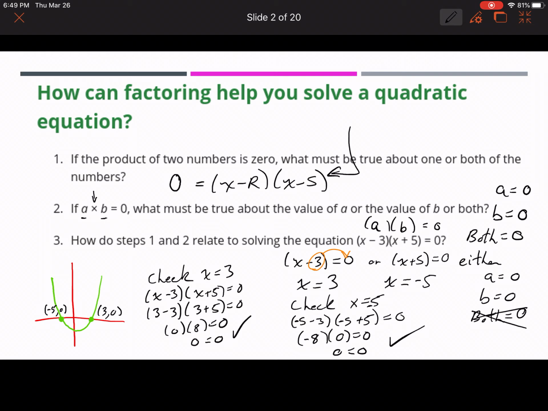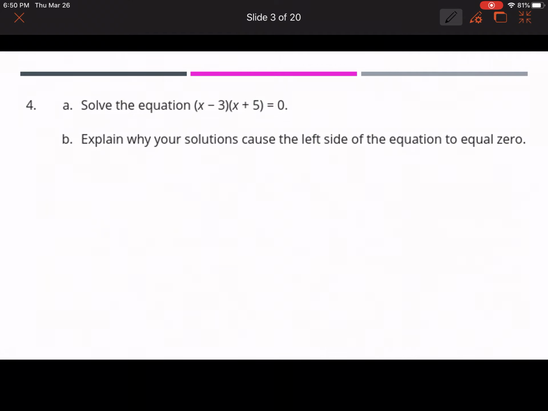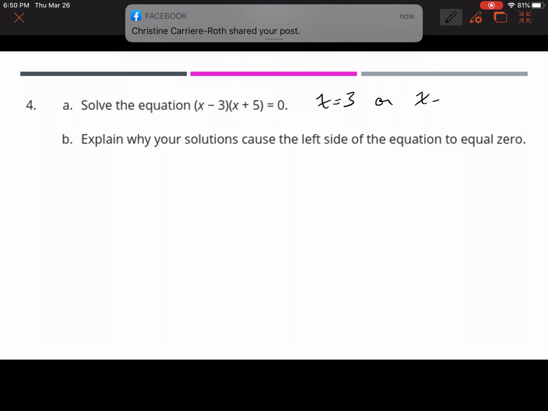So if a times b equals 0, we know that a equals 0 or b equals 0 or both. In these cases, they can't both equal 0 because they're two different x's. So we solved that already. We've got x equals 3 or x equals negative 5.